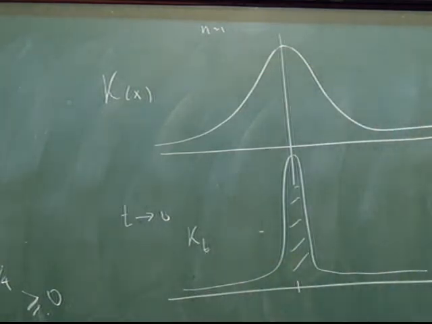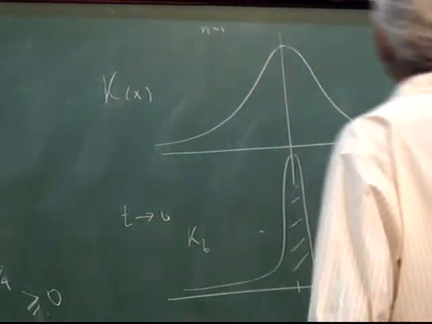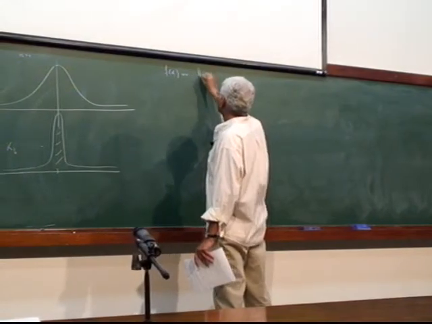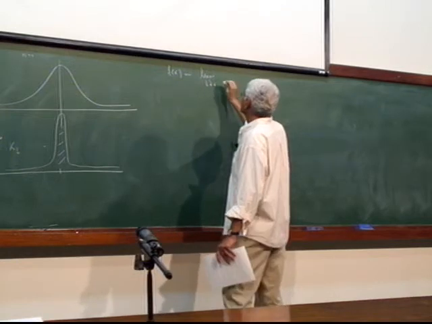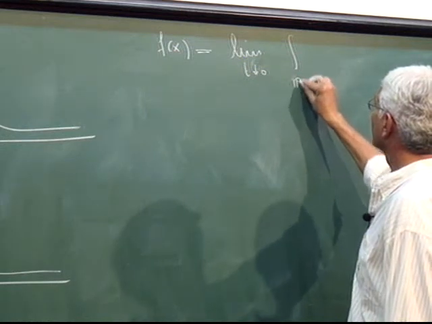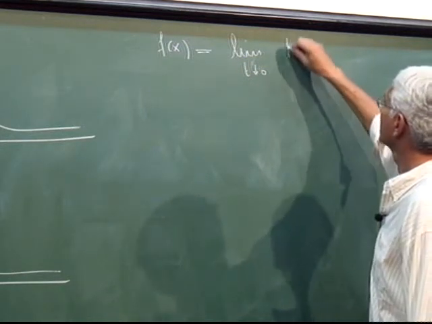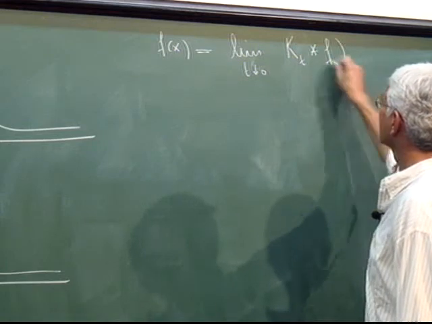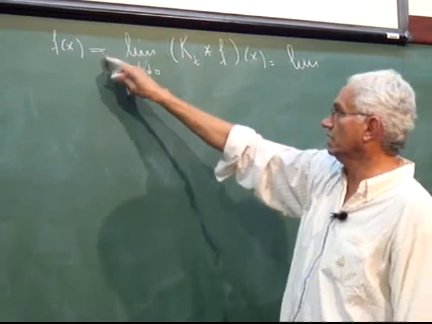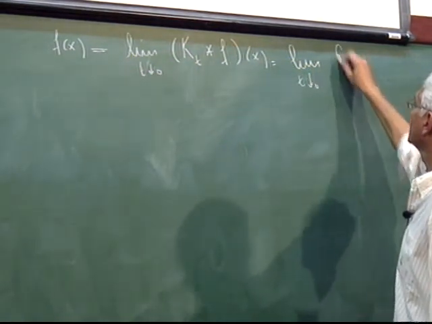Therefore, you have the following. F of x is equal to the limit when t goes to 0 of the convolution with this kernel. And I have to explain in what sense this limit holds, but let me write this.